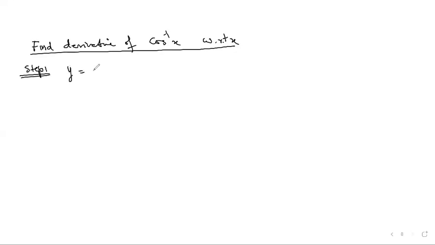Y is equal to cos inverse x. When I write this, what should I write besides it? What is the value of x? Minus 1 to plus 1. And does y have any restriction? 0 to pi. Very good.